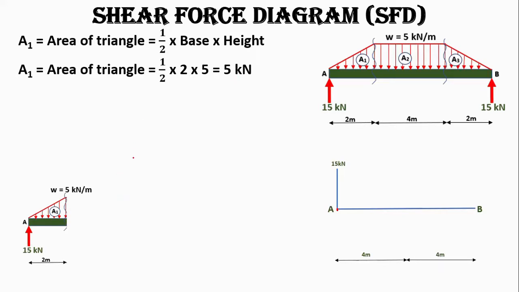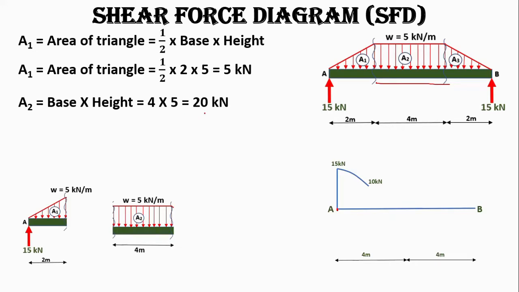As the load is acting in downward direction and the loading is parabolic, we will draw a parabolic curve from 15 kilonewtons in the downward direction up to 10 kilonewtons. Let's calculate the area for this rectangle, which will be base into height, and that is 20 kilonewton. Again this is in downward direction, so draw a line up to 10 kilonewton in the minus direction.